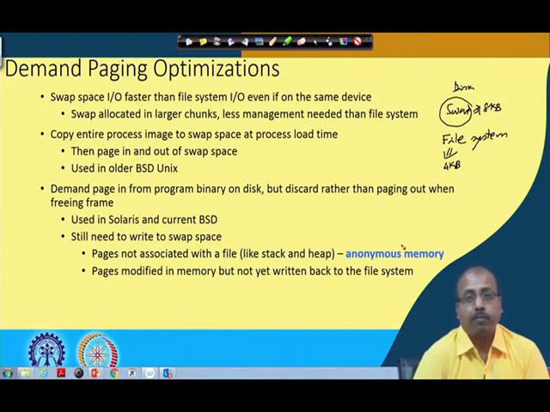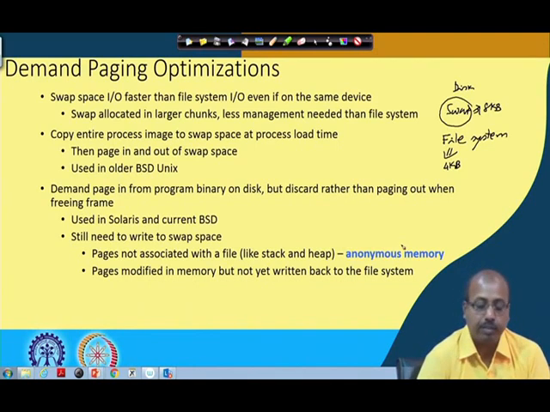After the disk head has been aligned to the proper sector, the data transfer starts, and that is pretty fast. If my block size is small, I have to do that disk head alignment several times. So if the block size of swap space is double that of the file system, then the number of read write head alignments will be half of that in the file system.